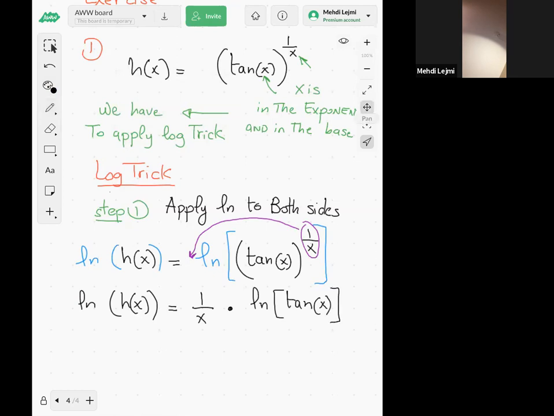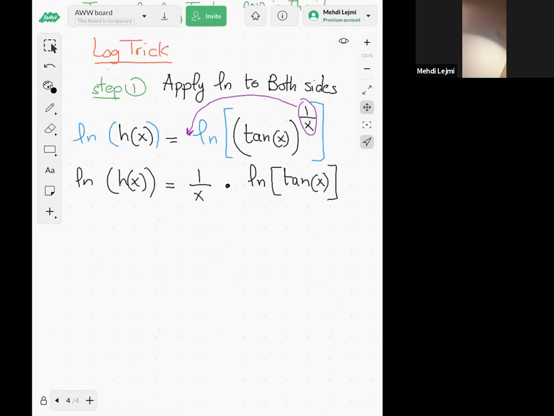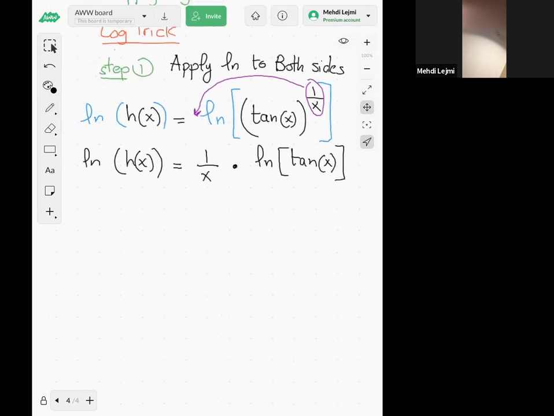Okay, so now I have step 2, right? In the next step, we have to compute the derivative. So now step 2, compute the derivative of both sides.